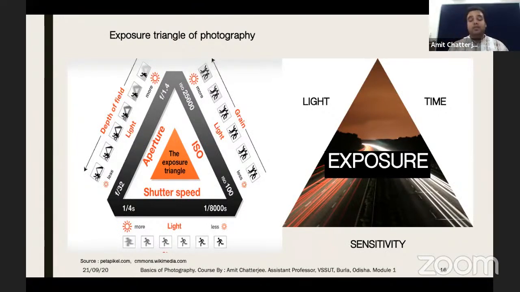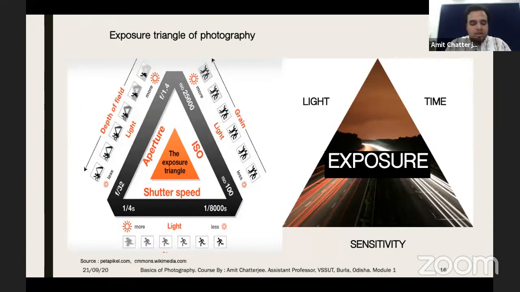The light of that particular object is measured in aperture, the time is measured in ISO, and the sensitivity, the fastness, will be measured in shutter speed. So the three things that are key to photography are: one, aperture; another, ISO; and another, shutter speed.